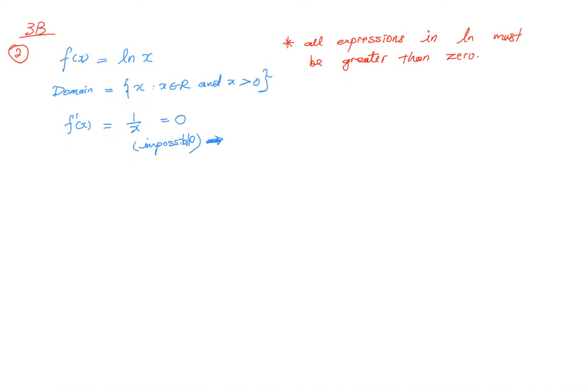What does that imply? If f prime x, that is 1 over x, equal to 0 is impossible, there isn't a turning point, there isn't a stationary point.